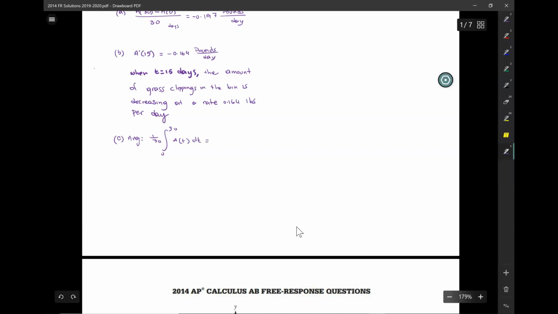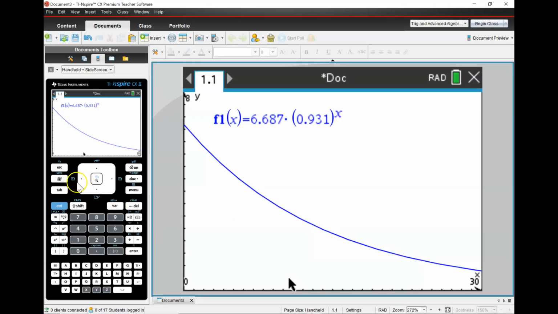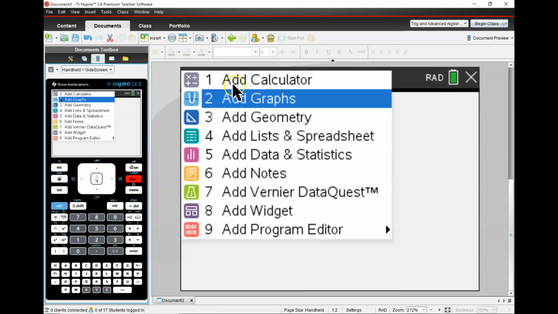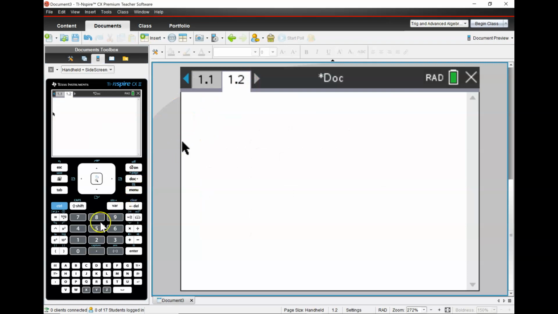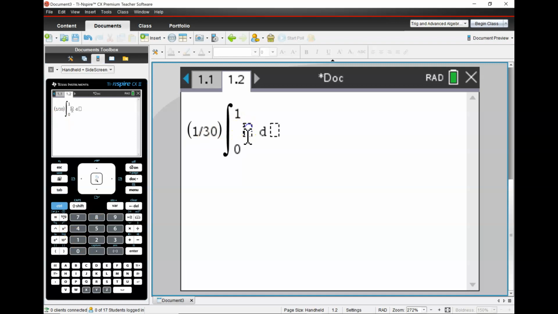And that is equal to, so again, if you go on your calculator, you can do control, add a page, calculator, and you can do it here. So basically it'll be 1 over 30 times the integral, and because I have it saved already, 0 to 30, f1 of x dx.